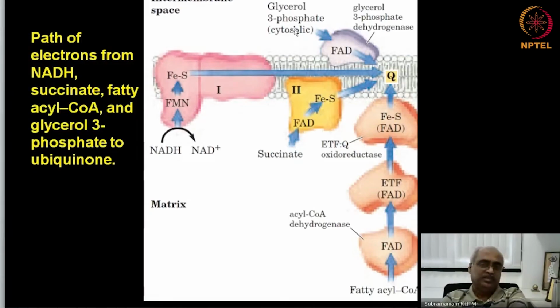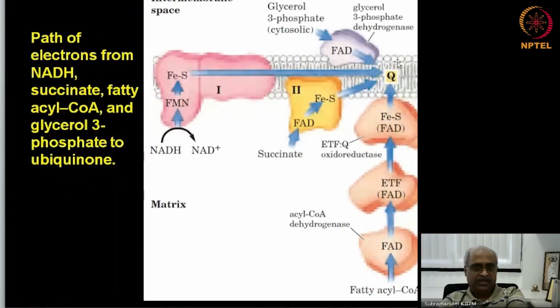And from such a source of glycerol phosphate, this glycerol 3-phosphate dehydrogenase enzyme. So that is bound to the membrane, but on the other side, the cytoplasmic side, in contrast to the succinate dehydrogenase that is on the matrix side.